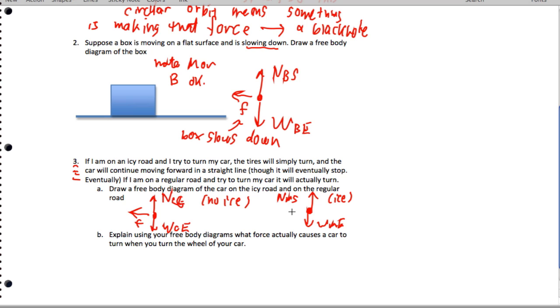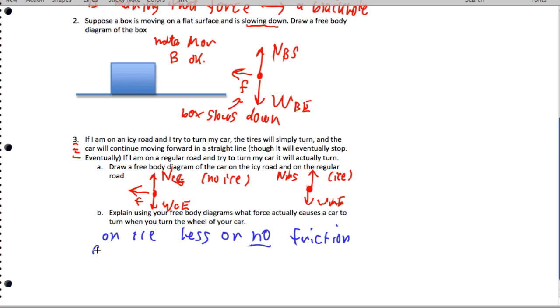So I want to make a note here. I'm okay with you drawing either, but in your explanation, here's what we need to say. On ice, less or no friction. Either one works for me.